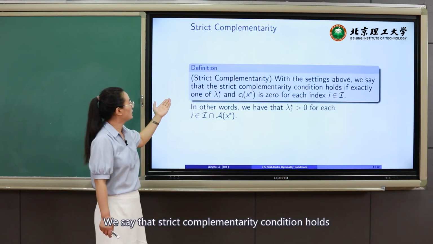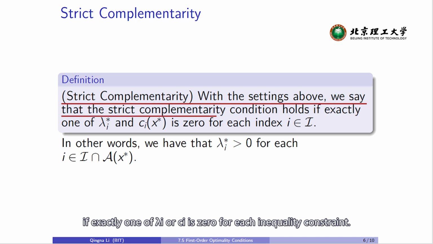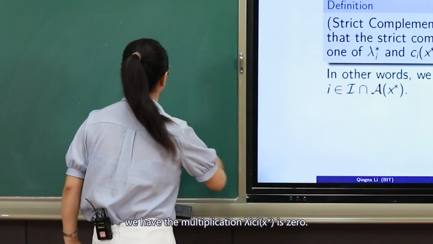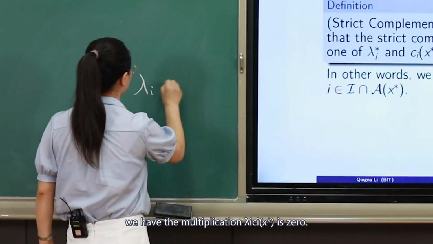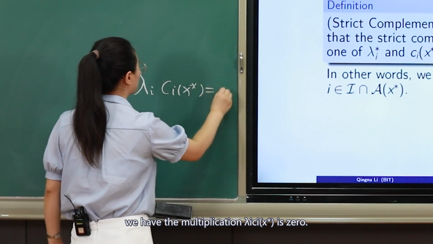We say that the strict complementarity condition holds if exactly one of lambda i star or c i star is 0 for each inequality constraint. In other words, we have the product lambda i star times c i star equal to 0, right?